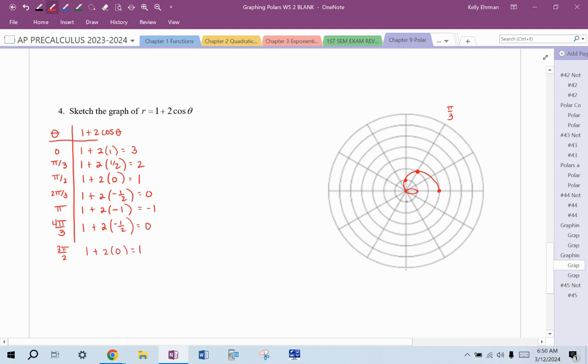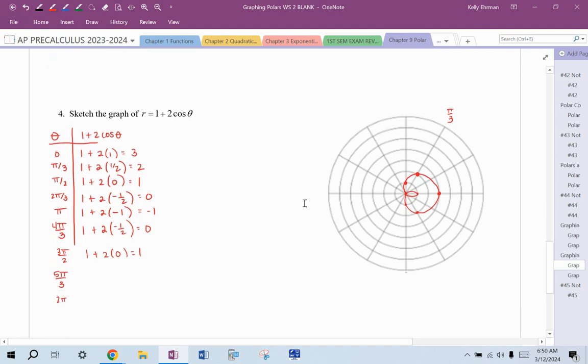So face 3 pi over 2, go down 1. Maybe now you're convinced that there's symmetry. So you could say, all right, the next point is on the pi over 3 line and it's forward 2. And then the graph should complete at 2 pi. If you're not confident about that, then the next thing you plug in is 5 pi over 3 and then 2 pi.